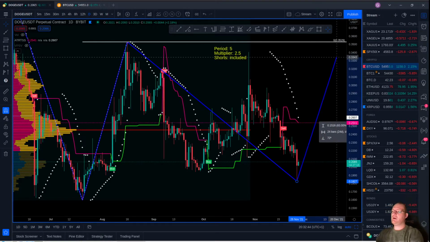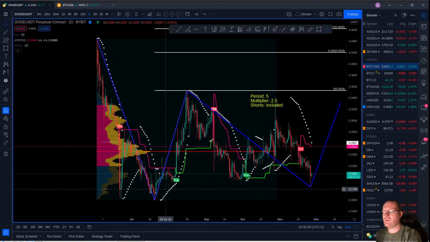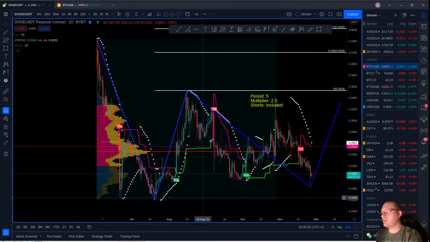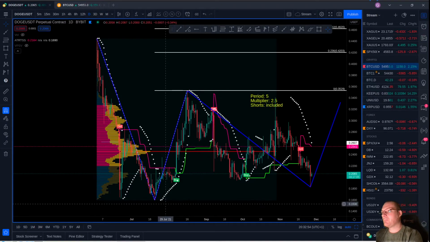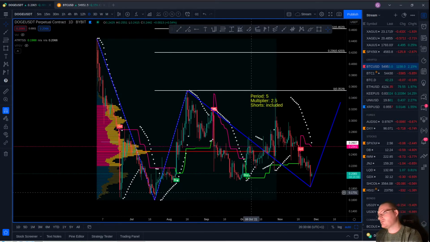And this is a pattern that I still see with other altcoins, and that's why I'm not bearish yet on the crypto market, because this kind of compression, what we see, is consolidation.